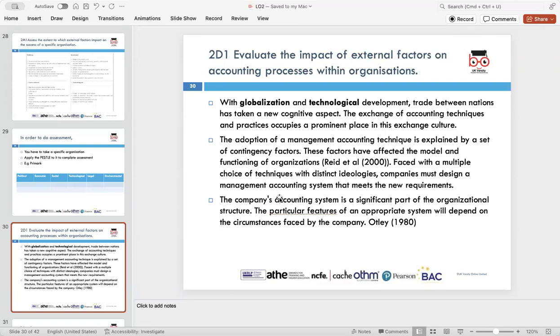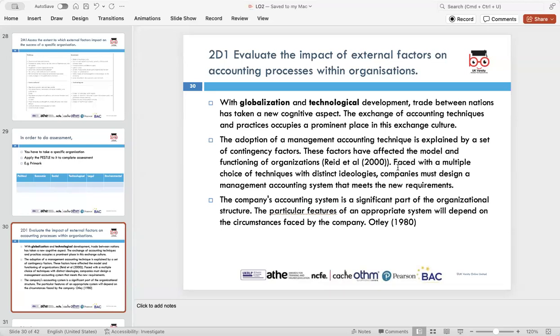A collection of contingency factors provides an explanation for the selection of management accounting techniques according to Reid 2000. It says that these elements have had an impact on the structure and operation of their respective organizations.